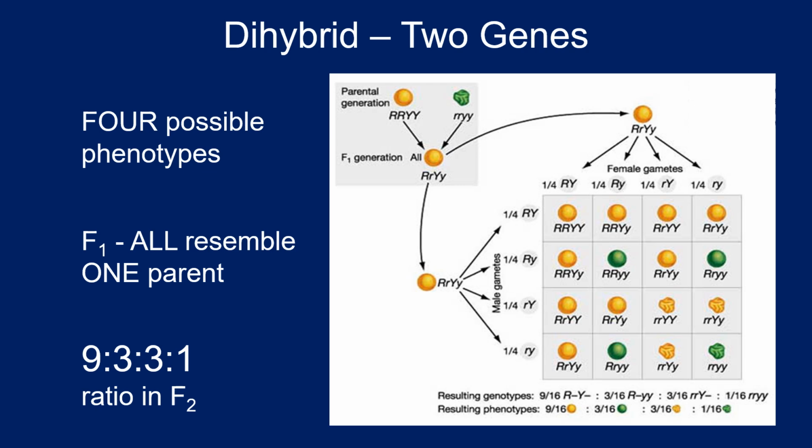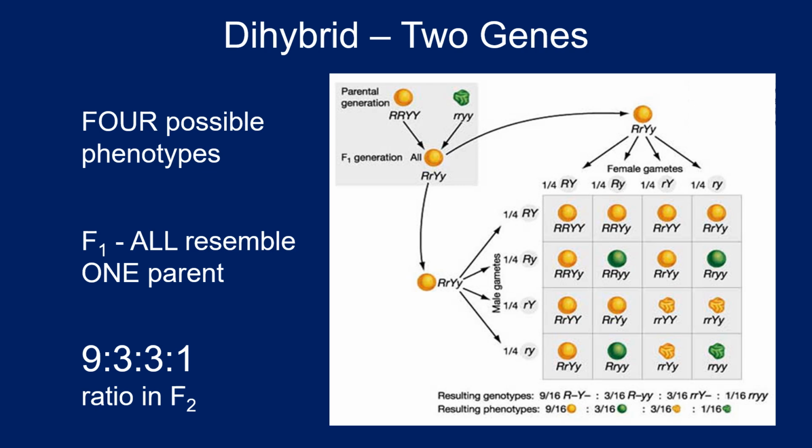So we could have a big R and a big Y from that heterozygous. That's what it could contribute as a sperm or an egg. We could have a big R and a little y. We could have a little r and a big Y. And we could have a little r and a little y. That's the 4 possible outcomes.